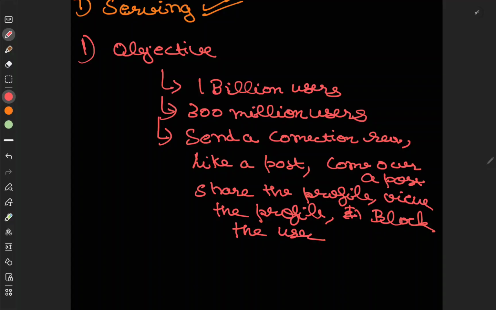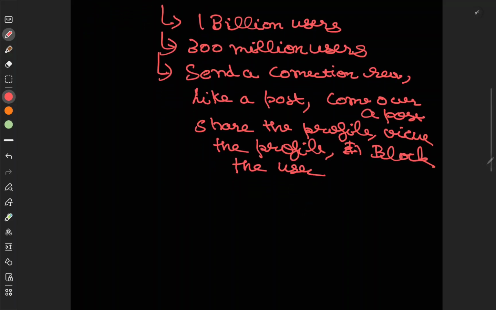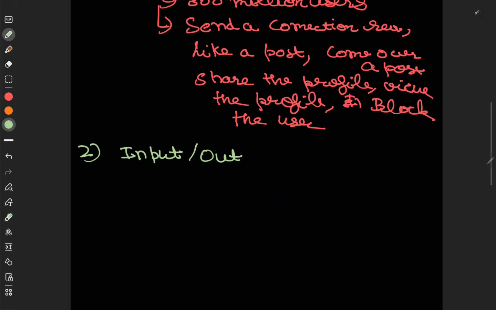Now this is the objective. Now coming to the input and output of the system. So here if you see, the input would be the user itself, and output would be the recommendations of different people that are relevant to him.